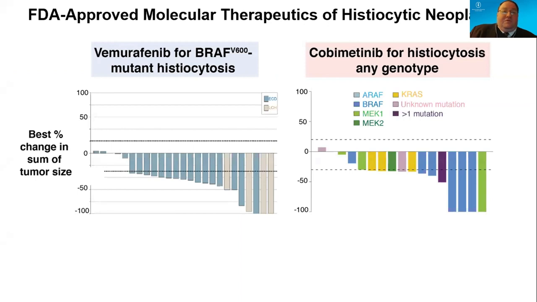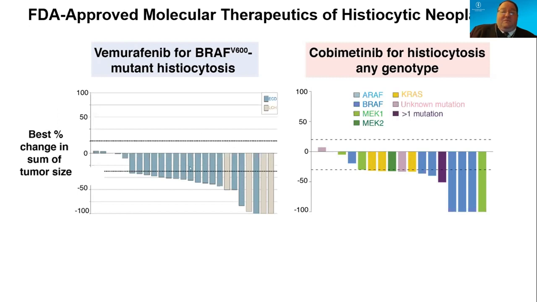So with the molecular age of histiocytosis upon us, we were able to move into molecular therapeutics for these disorders, which had no FDA-approved therapy. Our group and others studied vemurafenib in BRAF-V600E mutant histiocytoses, and our group, led by Eli Diamond and David Hyman, found beautiful efficacy of vemurafenib for BRAF-V600 mutant histiocytoses.